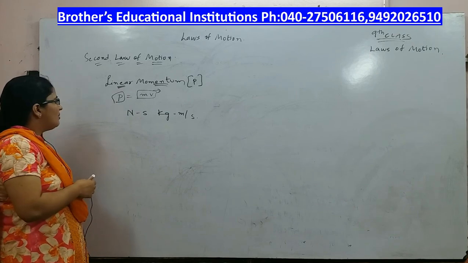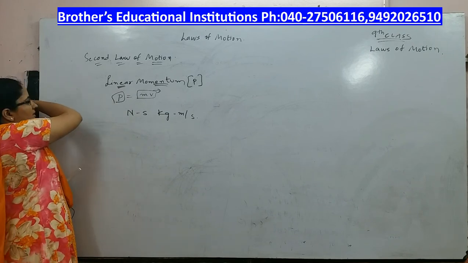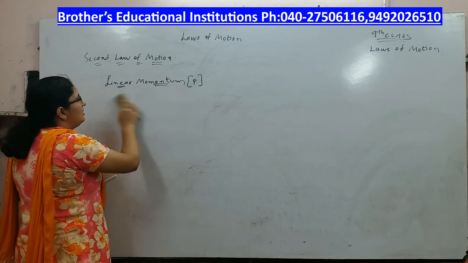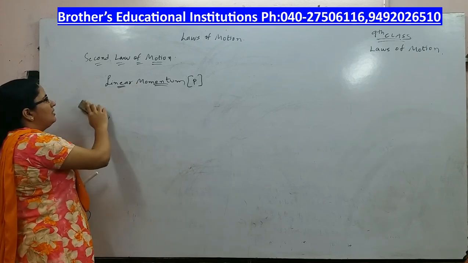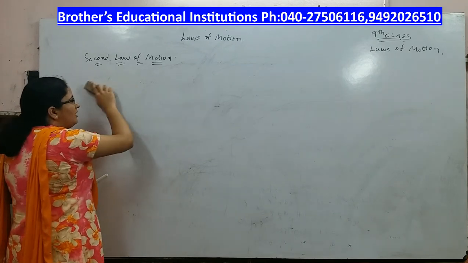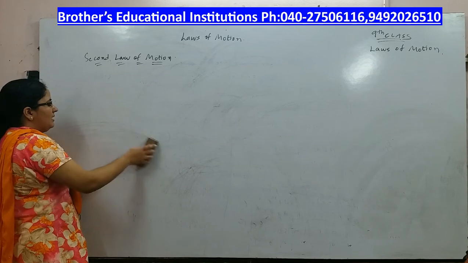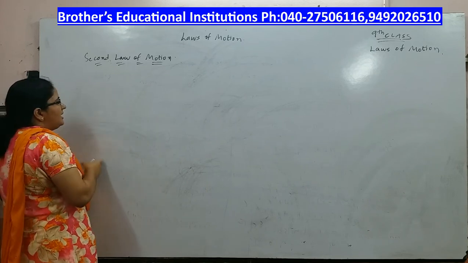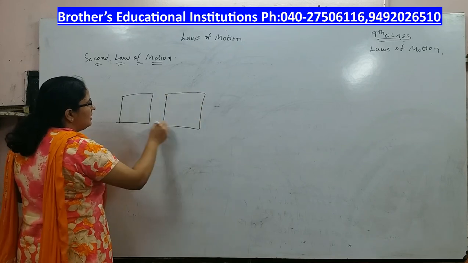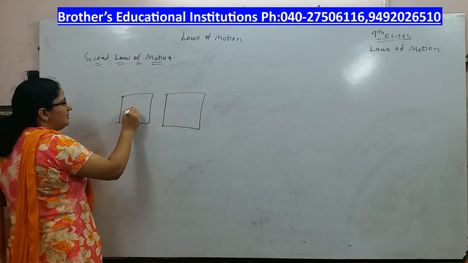Next we shall discuss small activities based on which we shall derive the equation for Newton's second law of motion, that is, we shall prove F is equal to ma. Let us take two ice blocks of the same mass kept on a smooth surface.